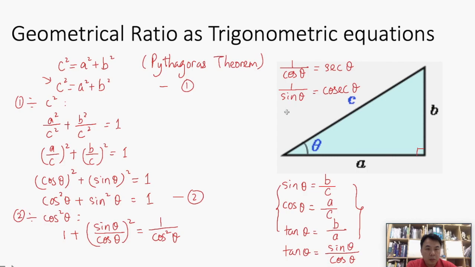And then lastly, we have another trigonometry ratio, which is the reciprocal of tangent. This is known as cotangent. So by using these 3 plus another 3 ratios here, we have in total 6 trigonometry ratios that we're going to use in our next trigonometric equation, right?